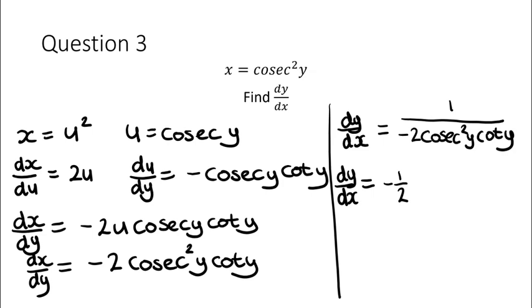But if I'm doing 1 over cosec squared, well, remember, 1 over cosec is just sine, because 1 over sine is cosec. So 1 over cosec squared would just be sine squared. And 1 over cot is just the same as tan. So I could leave it as this slightly nicer form here at the end.